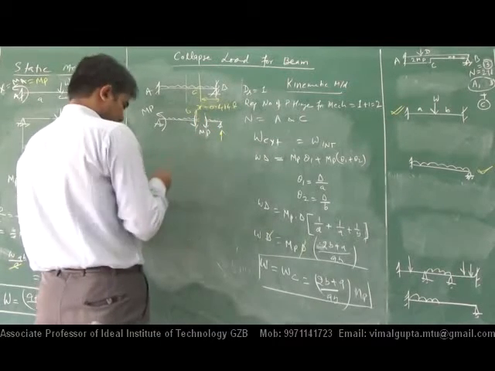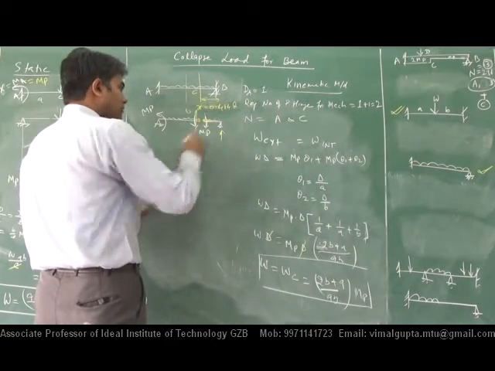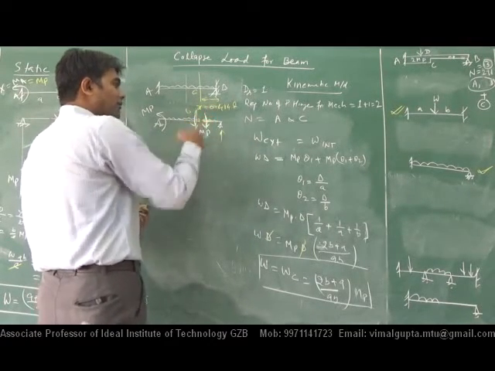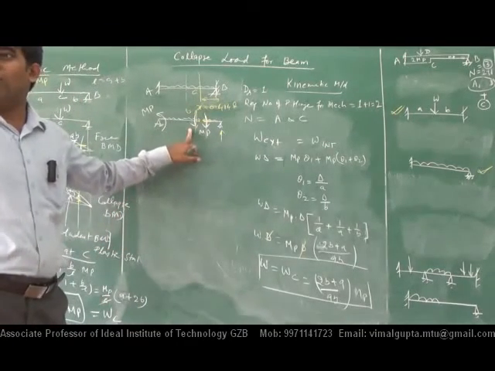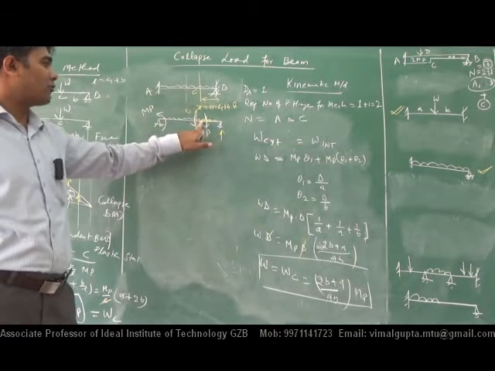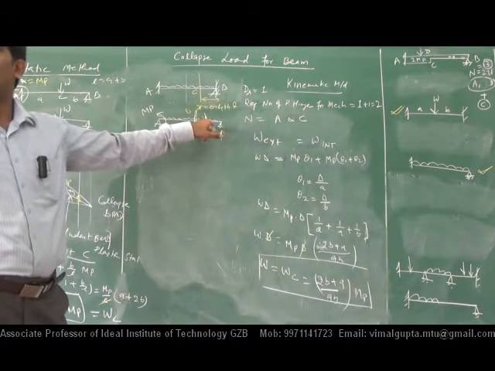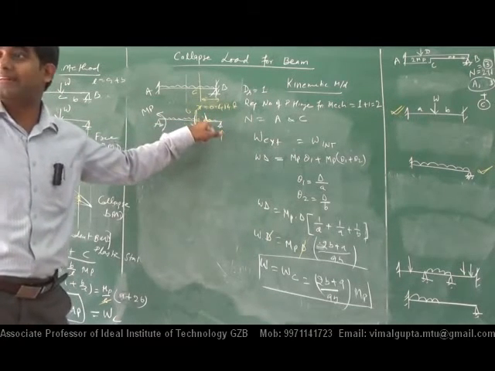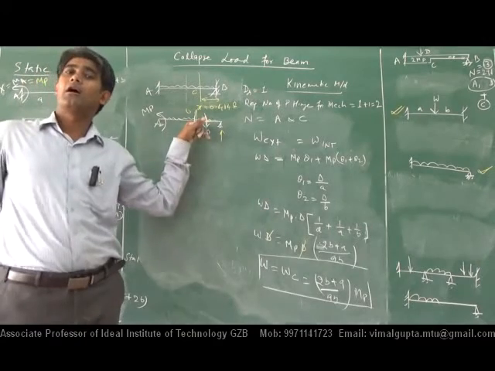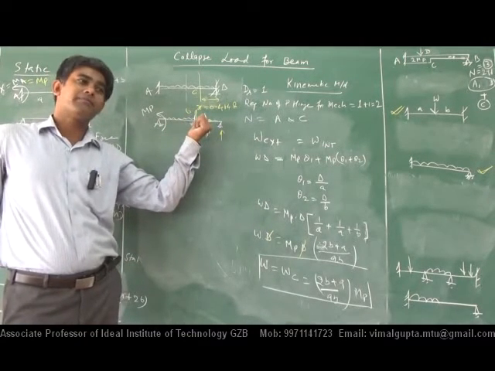At that point, this beam and that beam can be separated individually, since the shear force is 0. If the shear force is 0, then there is no connecting strength. It is not connected.